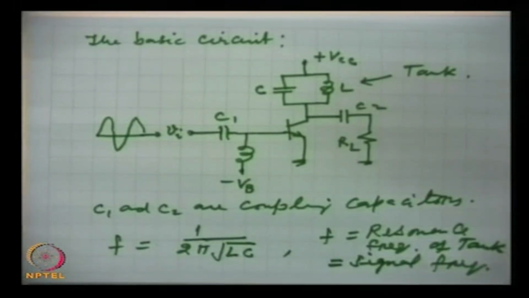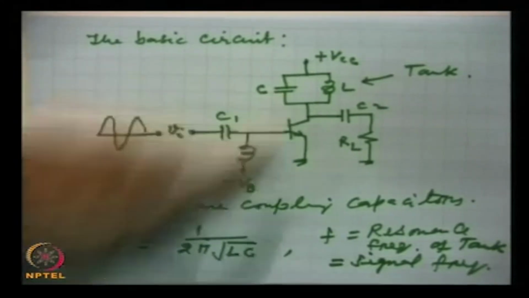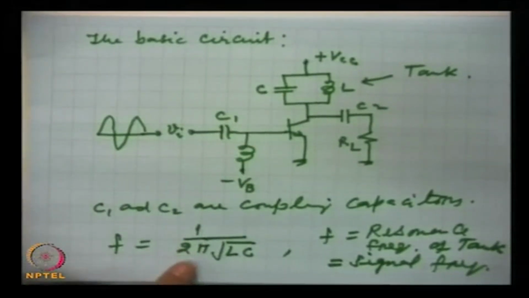This means that the tank circuit is tuned to the signal frequency, and the frequency is given by 1 by 2 pi root LC.